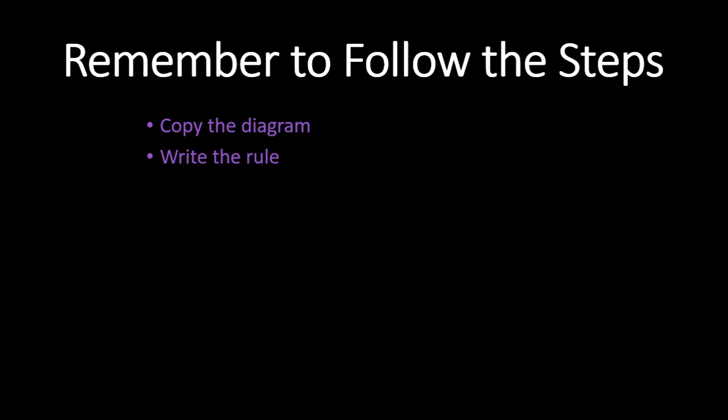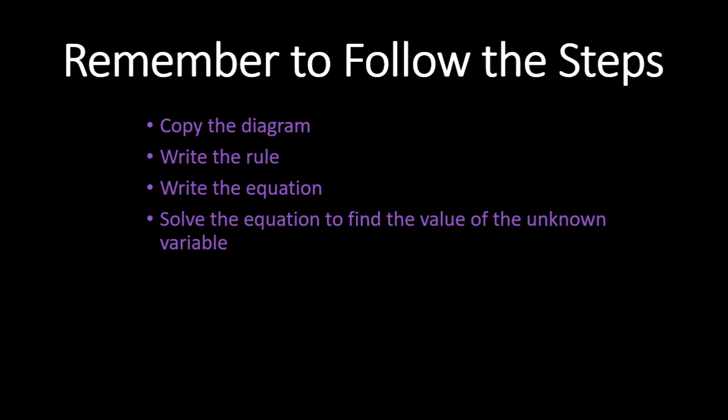But this is important because later we're going to be doing mixed exercises where you'll have full turns, triangles, straight lines, parallel lines. We'll have all sorts of rules, and we want to make sure that we're clear about what we're doing. So write the rule, angles on a full turn, write the equation. For the angles on a full turn, it's always something adds up to 360, and solve the equation to find the value of the unknown variable.